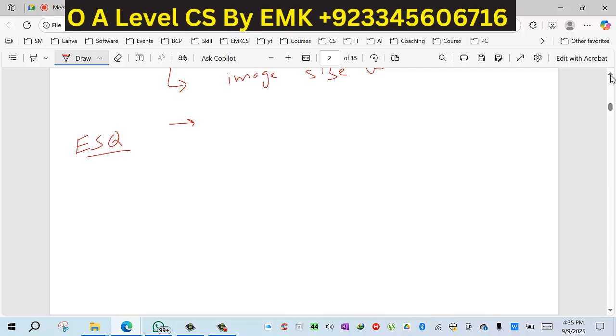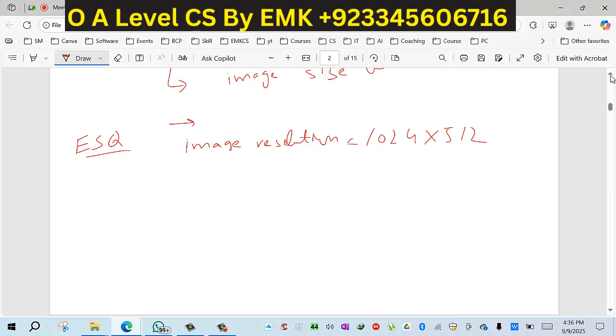So the image resolution in the question is 1024 into 512.